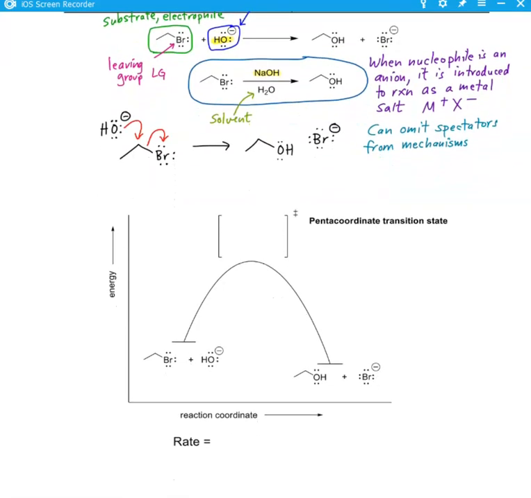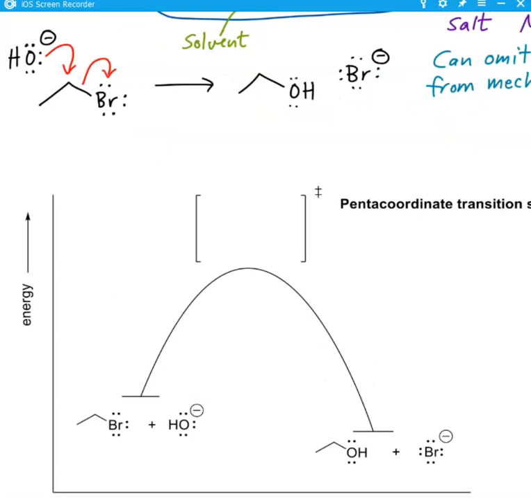Let's look into the details of what's happening at the transition state for this one-step reaction. So in the transition state, what's going on is the following in this example. You have a hydroxide ion that's forming a bond to a carbon, and at the same time that that's happening, the bond between that same carbon and the bromine is breaking.